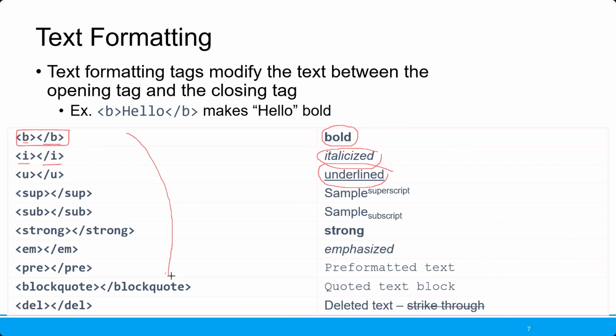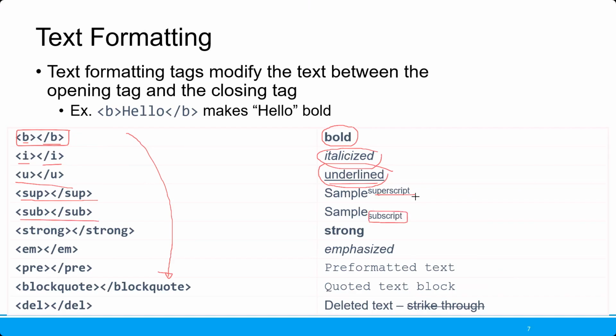Okay, so you will have a lot of text formatting. U is for the underline. SUP, it is the superscript. Superscript means the upper section of the text, or subscript, SUB, it is the lower section of the text.